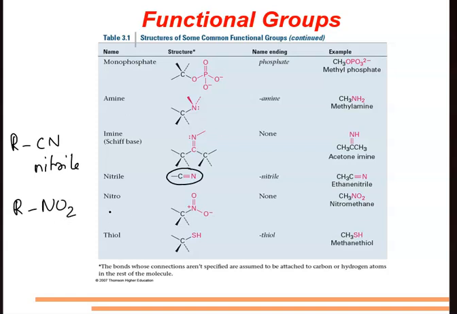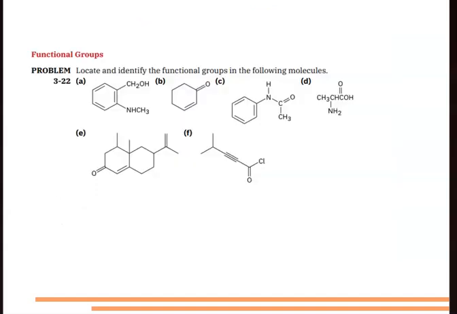These are the functional groups that we expect you to know: alkenes, alkynes, and arenes, then alkyl halides, alcohols, ethers, ketone, aldehyde, carboxylic acid, acid halide, ester, amide, amines, and then the nitrile and the nitro group.